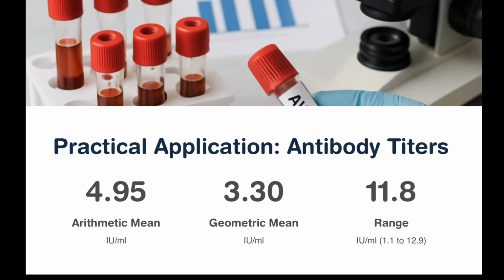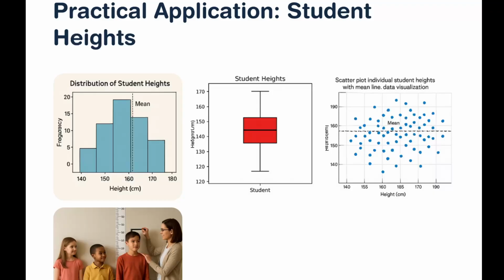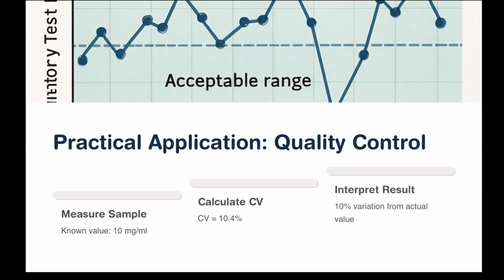Similarly, an arithmetic mean of 4.95, a geometric mean, and ranges like 11.8. So we have to present them accordingly. For the distribution of student heights, we can use scatter plots and box plots. This is the median with interquartile range, and this is the mean. Based on this, we will properly represent them visually.